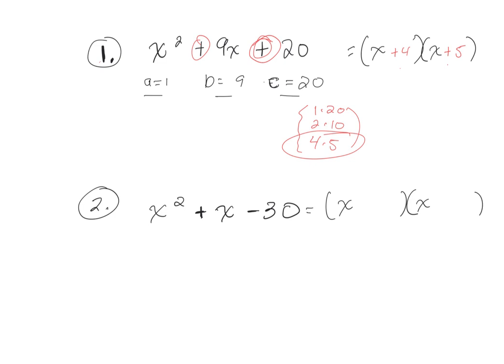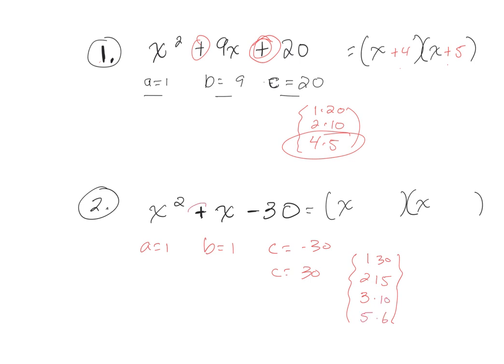Next, I have x squared plus x minus 30, okay? Now, what I want to do here again is I have a is equal to 1, b is equal to 1, c is equal to negative 30. Now, I'm going to look at c as if it's positive, and I'm going to write down the factors. What do we have? 1 and 30, 2 and 15, 3 and 10. Do we have 4? No, but we do have 5 and 6.